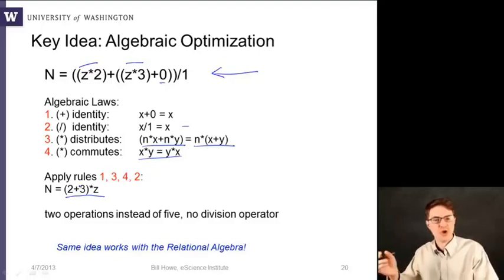Now, do computers use this kind of symbolic reasoning when they evaluate expressions over integers? No. The answer is no. And the reason is that this kind of symbolic reasoning is much, much more expensive than just evaluating the thing. Right? So, fine. But if the objects that you're manipulating are not small integers, but rather terabyte-sized tables, then this kind of symbolic reasoning is not only valuable, but absolutely critical.